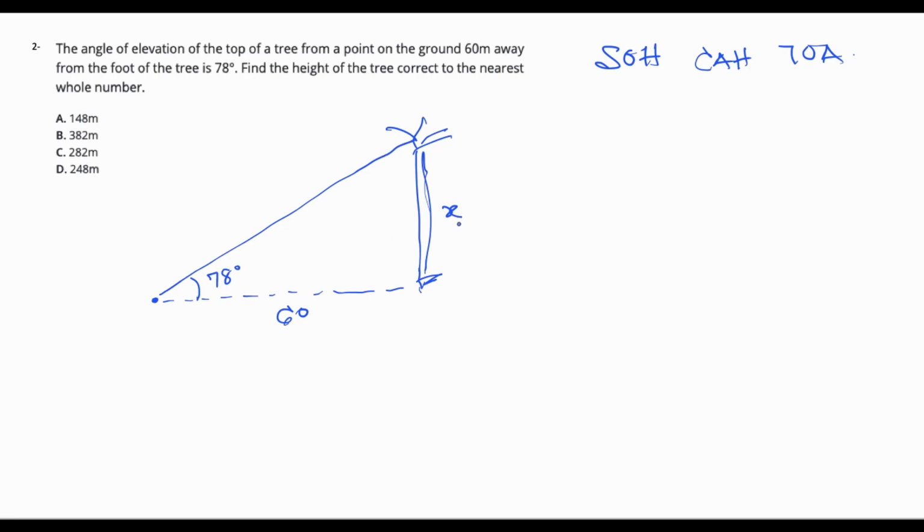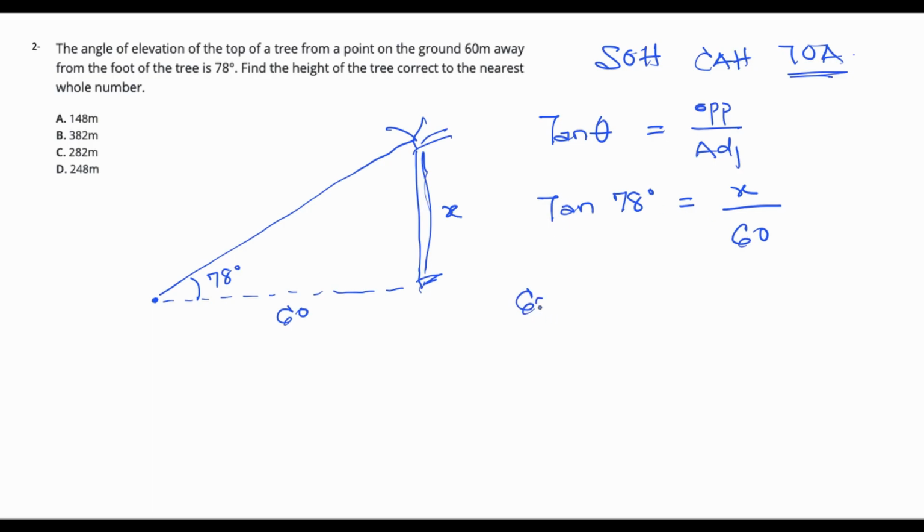So what relationship do we have here that relates the opposite and the adjacent? And that's tan, because tan theta is equal to the opposite over the adjacent. So in this case, tan 78 degrees is equal to x, which is the opposite here, over the adjacent, which is 60 meters. So making x the subject of the formula here means transferring 60 to this side.